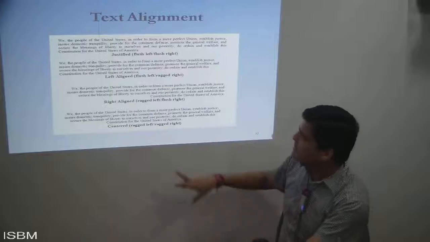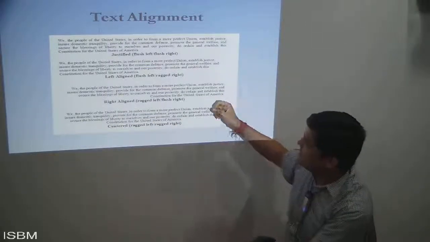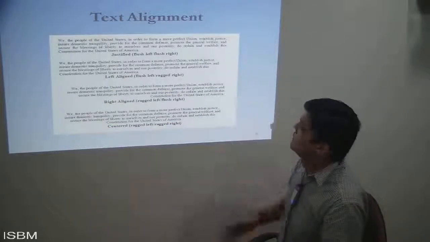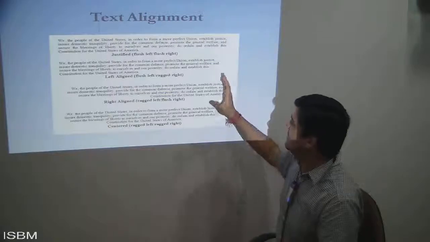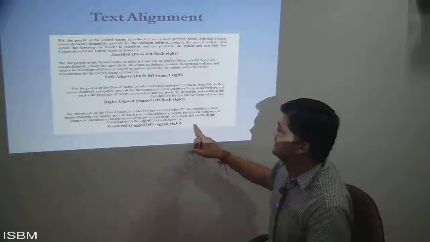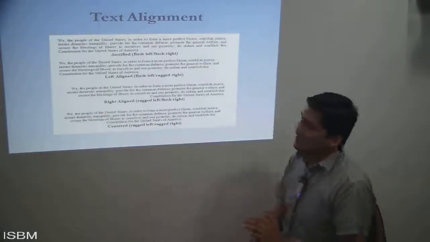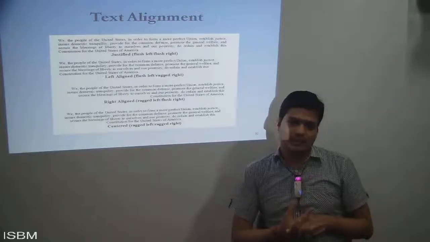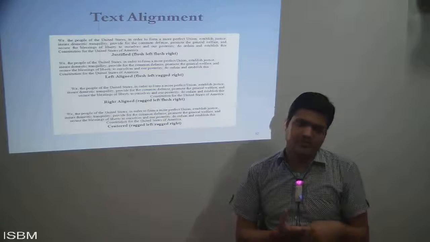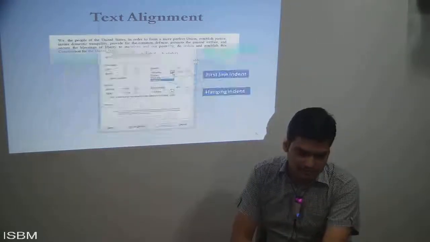Right align means everything comes to the right side; the right side is proper, but the left side is not. And center align starts from the center, so everything is non-aligned from left and right. So you have to choose which alignment is suited for you, and according to that you can write your letters or anything.